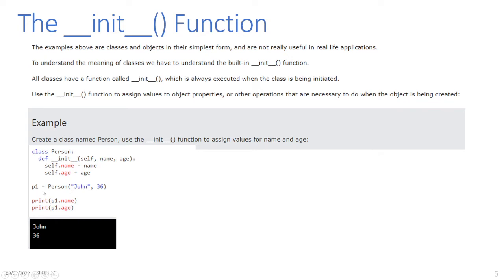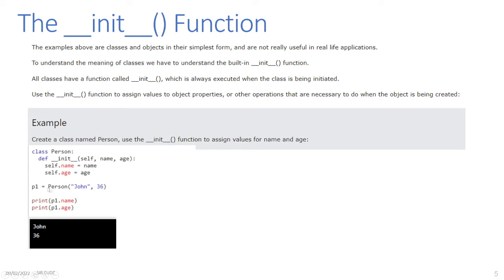If we have p1 equals person John 36, John is the argument for name, and 36 is the value for the parameter age. So this is our init function, or in other programming languages they call this the constructor.